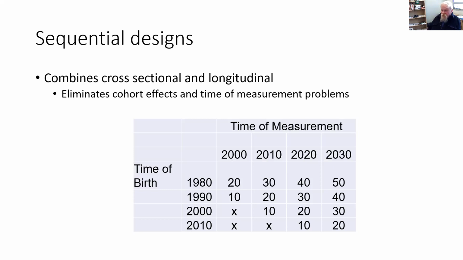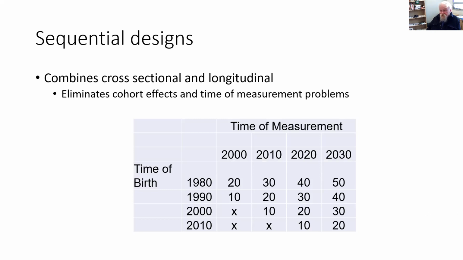Now, how do we solve the problems in both the cross-sectional and longitudinal designs? Well, researchers have come up with a kind of a mixture of the two, okay? It's called a sequential design, and it combines both the cross-sectional and the longitudinal design, but you're looking at groups that start the study at various times, okay?